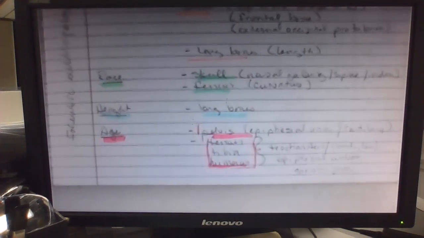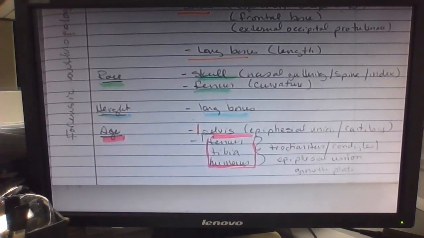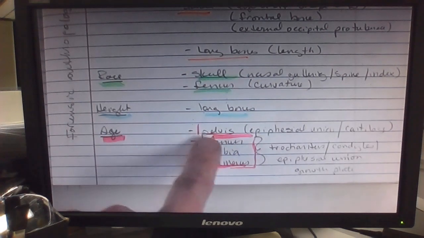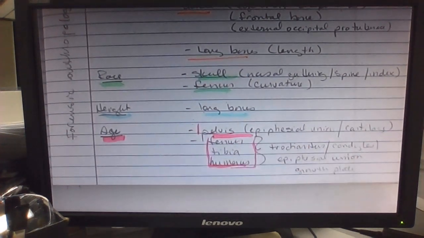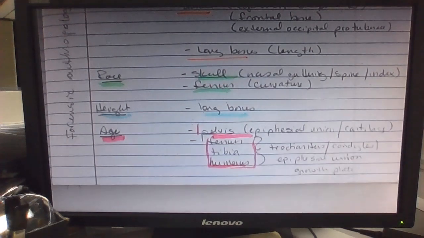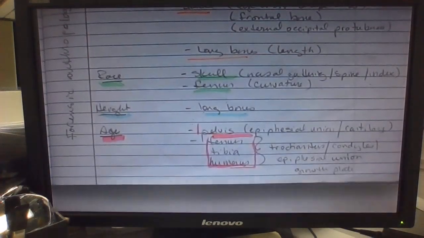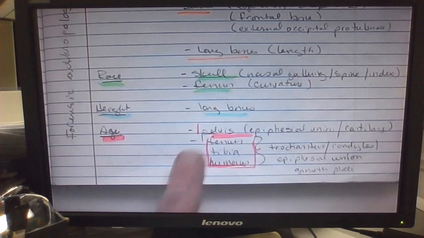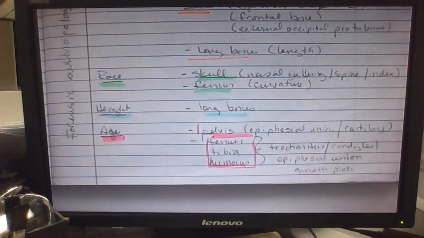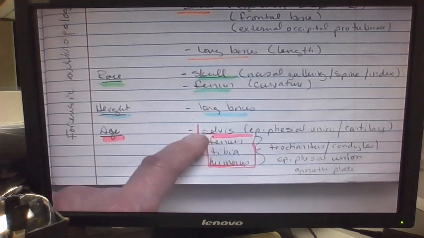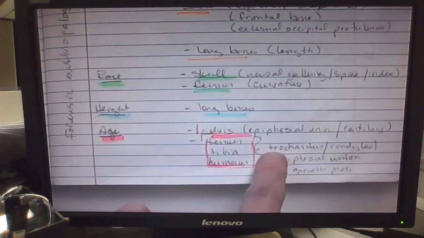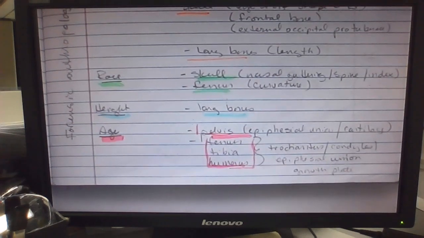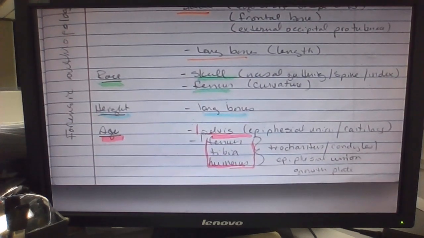And then finally, for age, forensic anthropologists will look at the pelvis to see, is there an epiphyseal union? Is there still cartilage present? You can also look at the long bones, the femur, the tibia, the humerus, and look at the development of the trochanters and condyles.